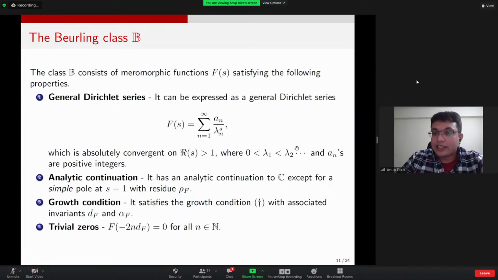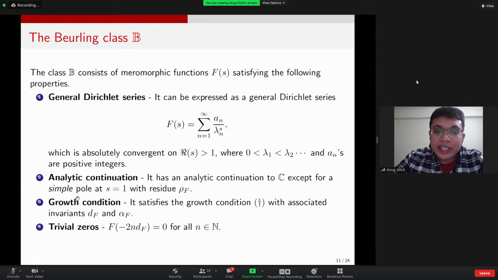The lambda_n's look exactly like we had before, and I would also force the a_n's to be positive integers. And suppose this general Dirichlet series is absolutely convergent in the half-plane real part of s greater than 1. And let's say it has an analytic continuation to the whole complex plane, except for a simple pole at s equals 1 with residue rho_f.